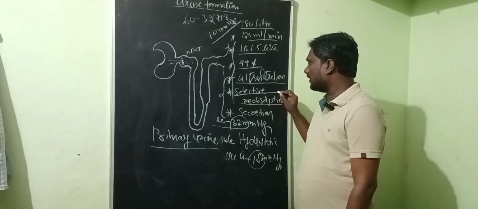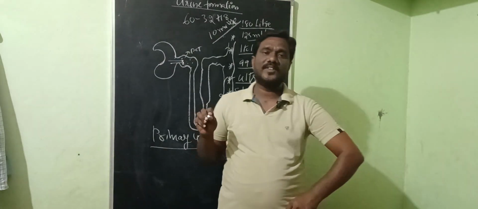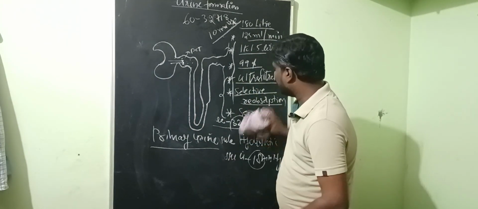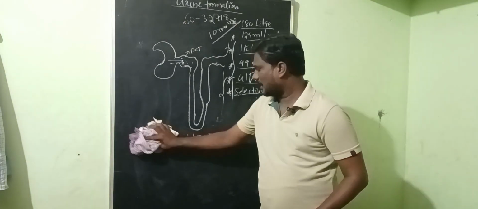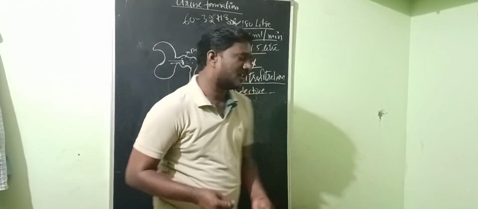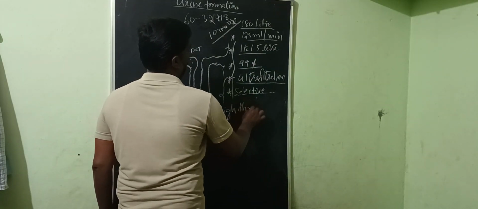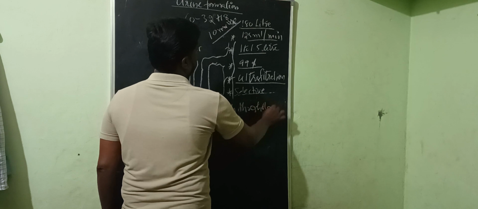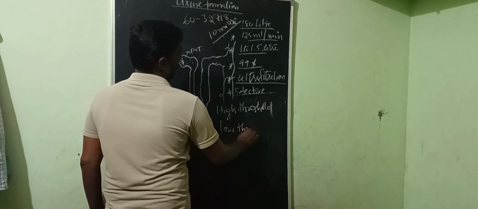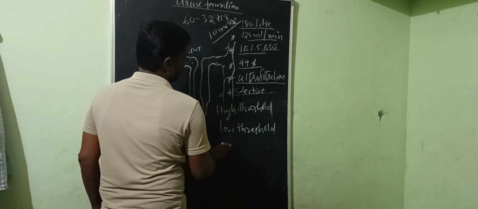Depending upon the importance of the substances, they are divided into three: high threshold substances, low threshold substances, and a threshold substances.